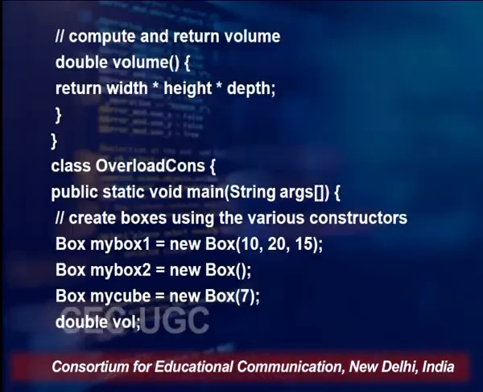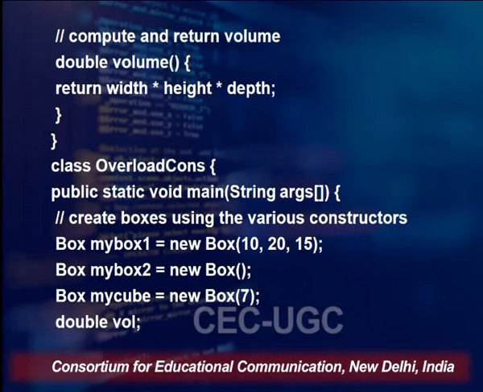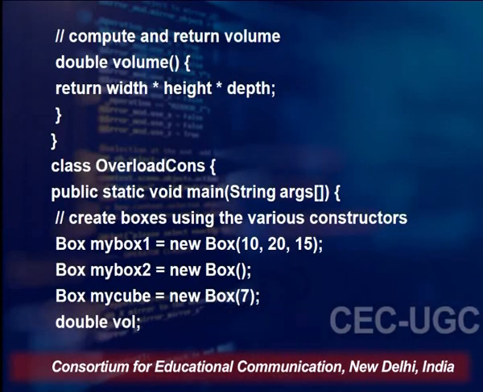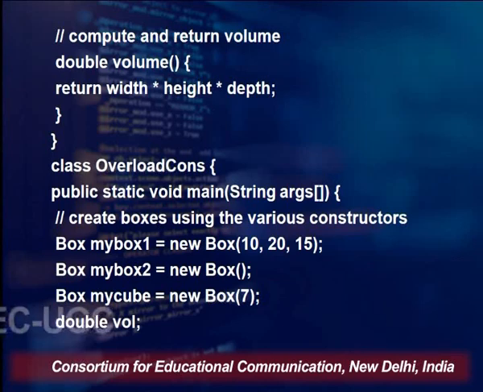For myBox1, the width, height and depth are 10, 20 and 15. For myBox2, the width, height and depth are equal to -1, and this -1 is actually indicating an uninitialized box. We can initialize it in our program later whenever it is required.